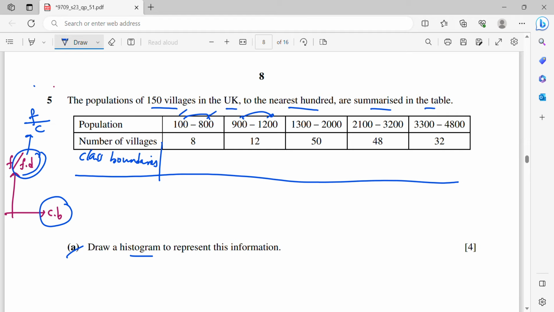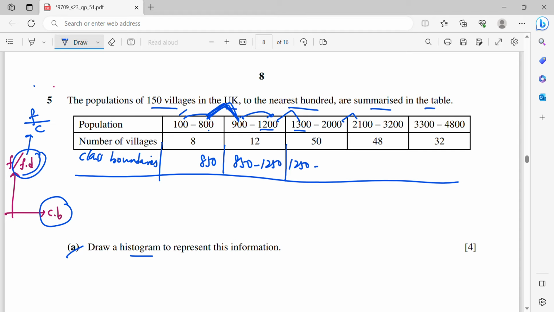Class boundaries will be found by getting the average of the limits here. So 800 plus 900 divided by 2 will be 850. When you look at the next one, here is 850 until the average of 1200 and 1300, which is 1250. Then here you just copy 1250.